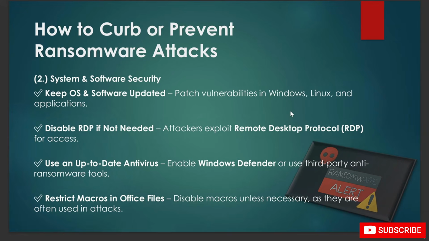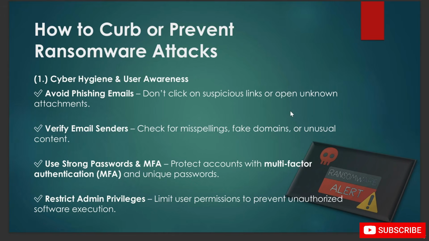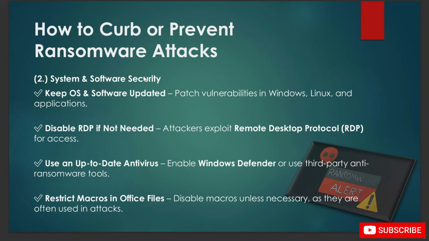Now we have here system and software security. The first one here was maintaining cyber hygiene and user awareness, and we had these four items listed under this. Now the second one here is system and software security. Now keep operating system and software updated. Some of you don't update your software at all. Now you need to regularly update your software.